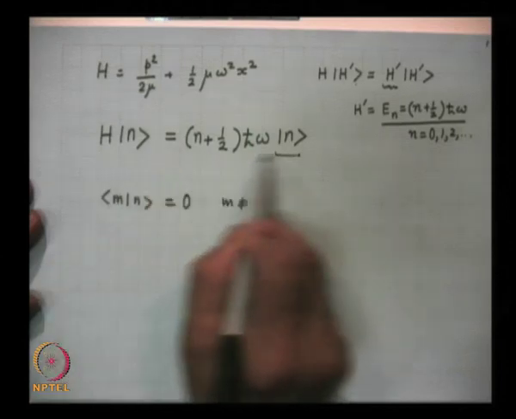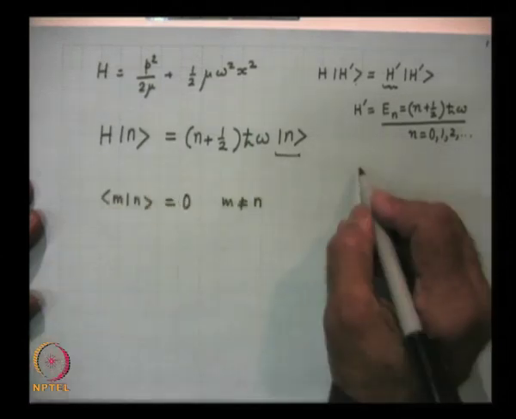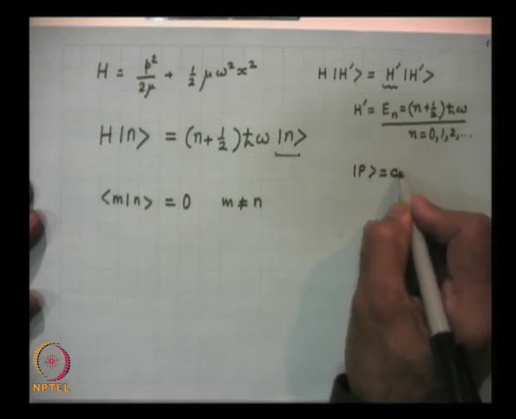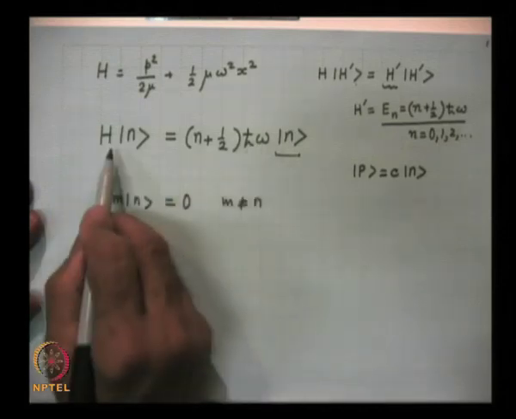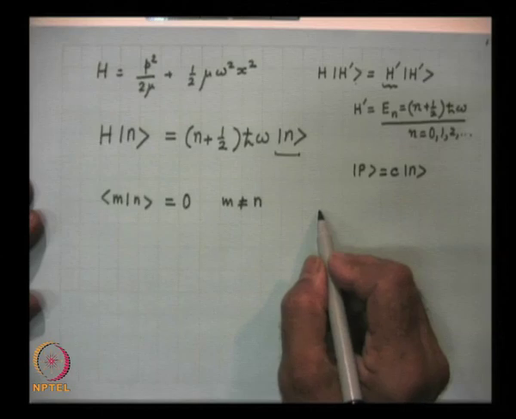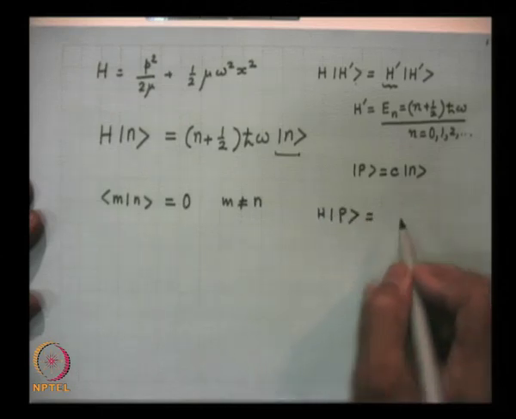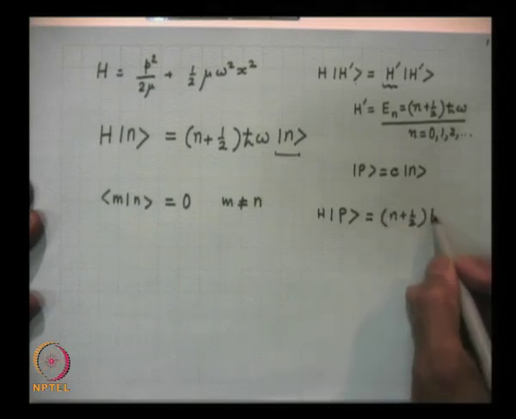Furthermore, since this is a linear equation, any multiple of ket n, let us suppose I write ket p is equal to c times ket n, then h ket p is also an eigenket belonging to the same eigenvalue n plus half h cross omega.